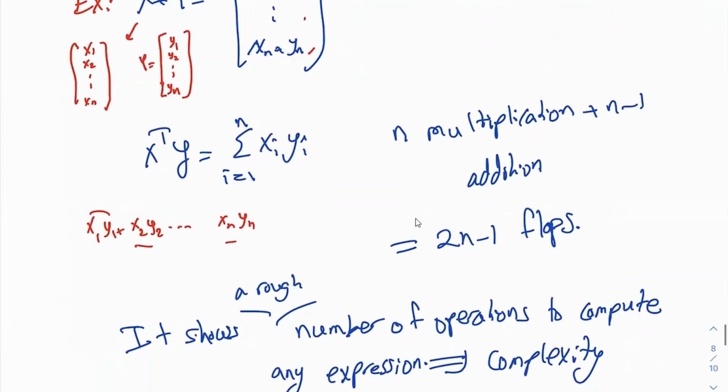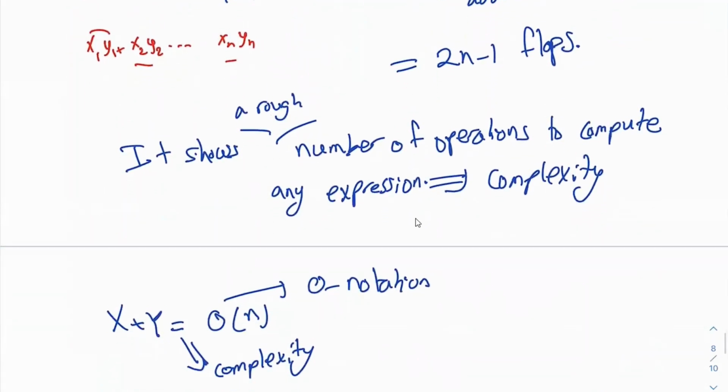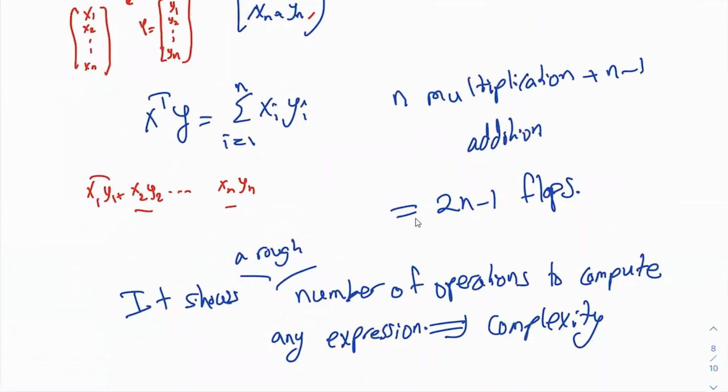Good. So the rough number of operations to compute any expression determines the complexity, the rough estimate of how complex your model is. Now, when you determine the complexity, you use this big O notation: what is the order of your complexity?